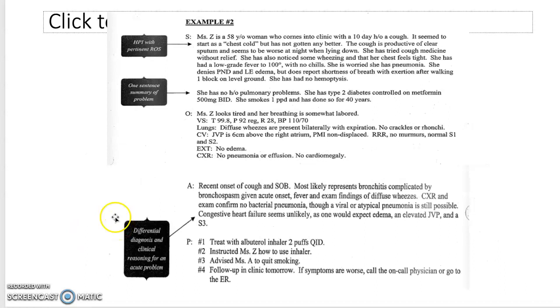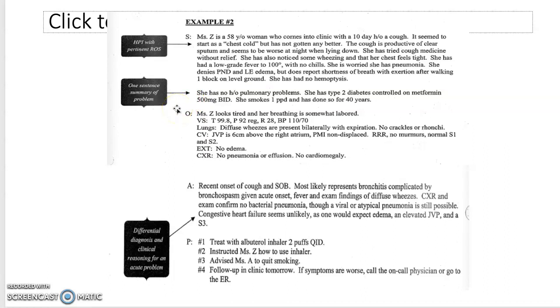This case is a little bit more complicated. This patient is presenting with a 10-day history of a cough, which definitely has a wider range of differentials that are associated with it. So this patient is questioned about her symptoms. OLD CARTS is here as far as onset, remitting factors, etc. Medical history and a summary of the problem here.